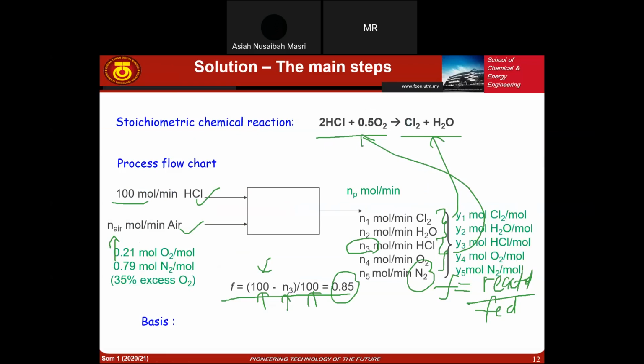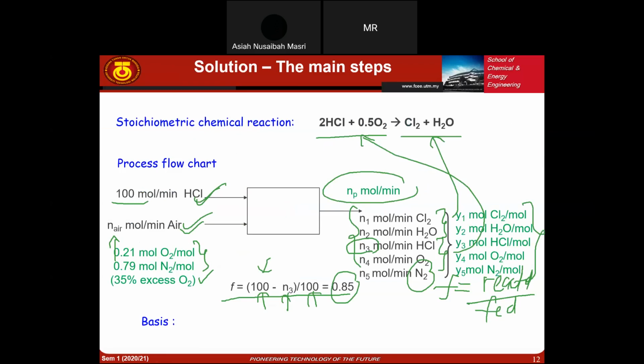We have another piece of information, which is the 35% excess of oxygen. That is another specification. And then we have the composition here, 0.21 mole oxygen per mole and 0.79 mole nitrogen per mole. So for input, no problem. For the output, we can choose whether we want to represent it using molar flow rate of each component, or we can represent them using the fraction, and also we have here the flow rate of the output.